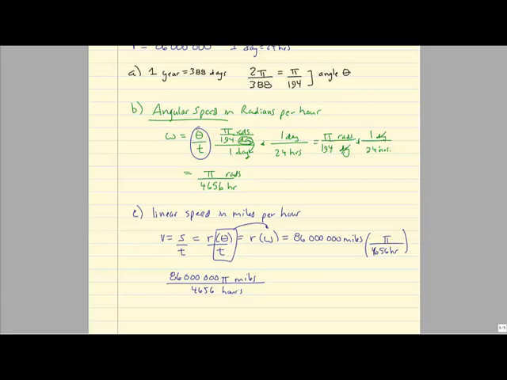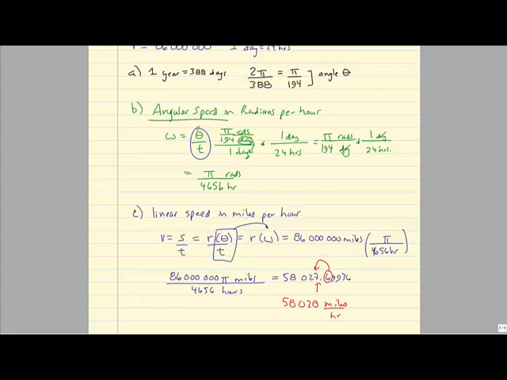I'm taking 86 million times pi divided by 4656, and I end up with 58,027.69936 miles. So if they wanted us to round this to the nearest mile, the 6 is 5 or higher, so that would increase to an 8. So it would be 58,028 miles per hour. That would be our linear speed.